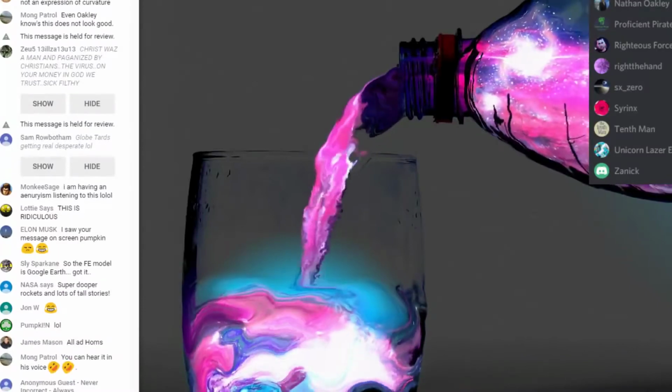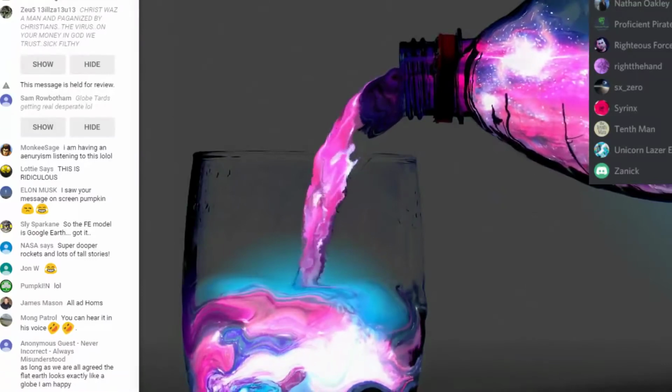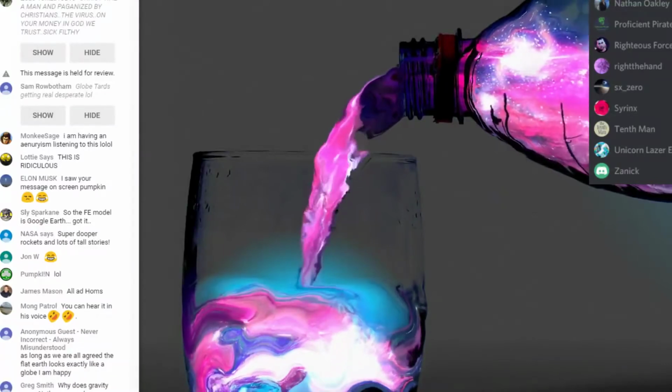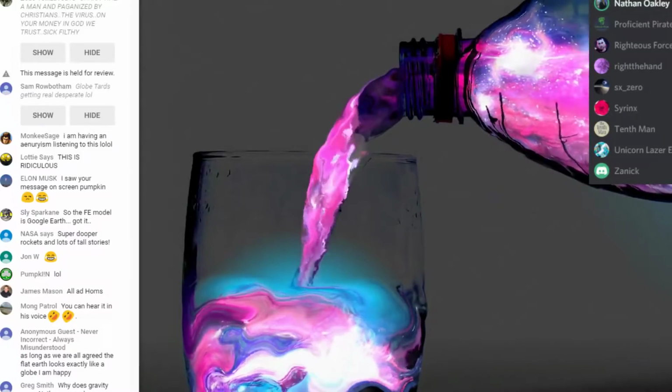I just guess, could you explain it in Dawn terms? How this is a flat Earth model when it looks like a sphere? I don't get it. No, it doesn't. The measurements that it's referencing for the elevations are referencing flat. It's not showing any drop.